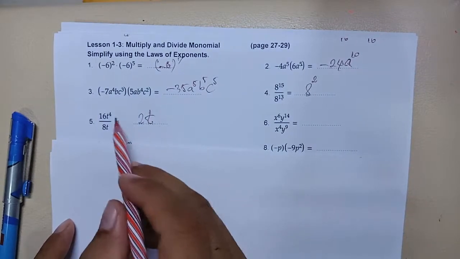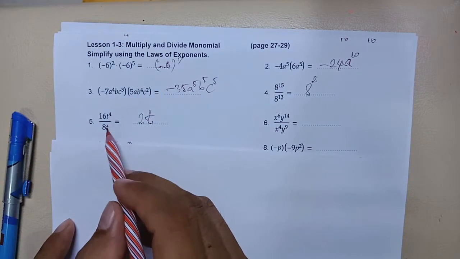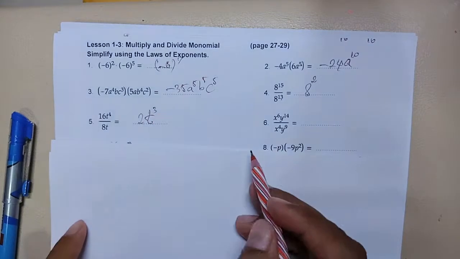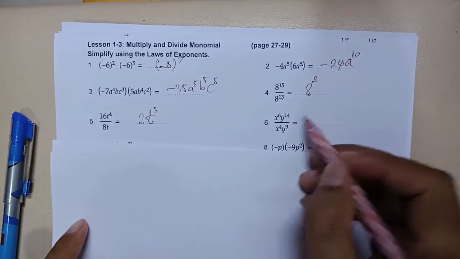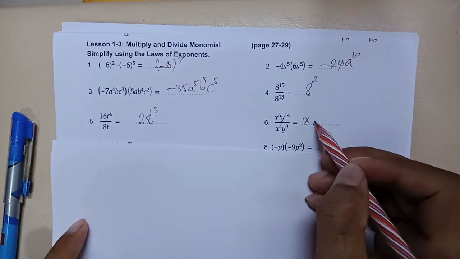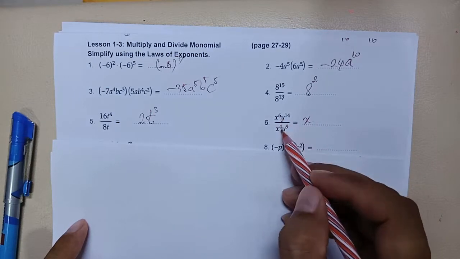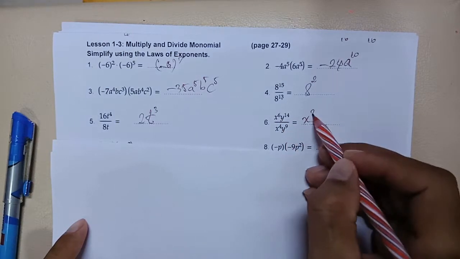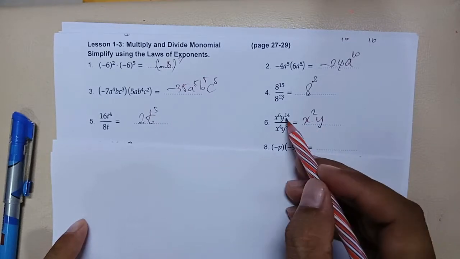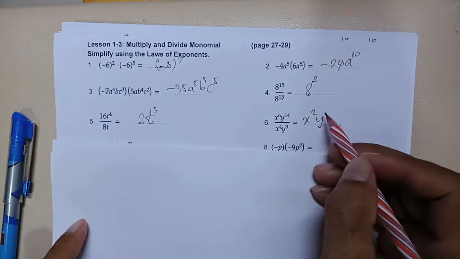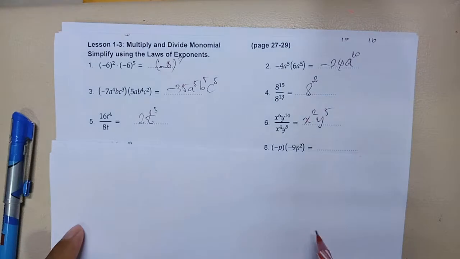And then for t, you get 4 minus 1, 3. For x, write x, you have 6 minus 4, 2. For y, 14 minus 9, you get 5. So as simple as that.